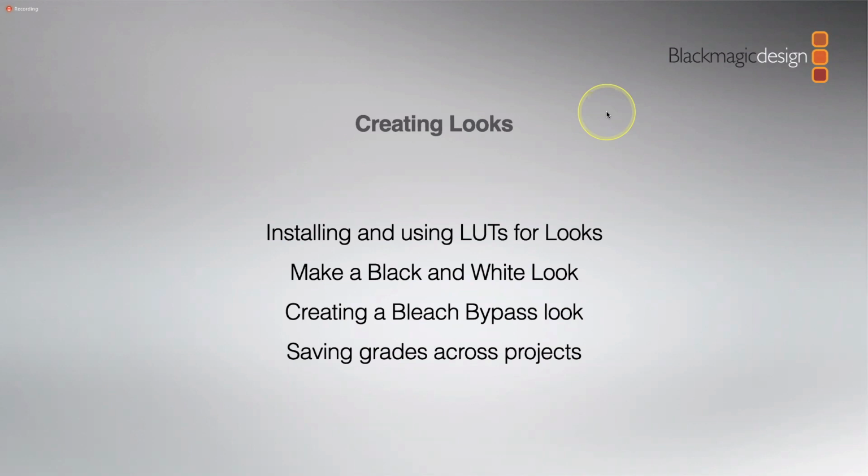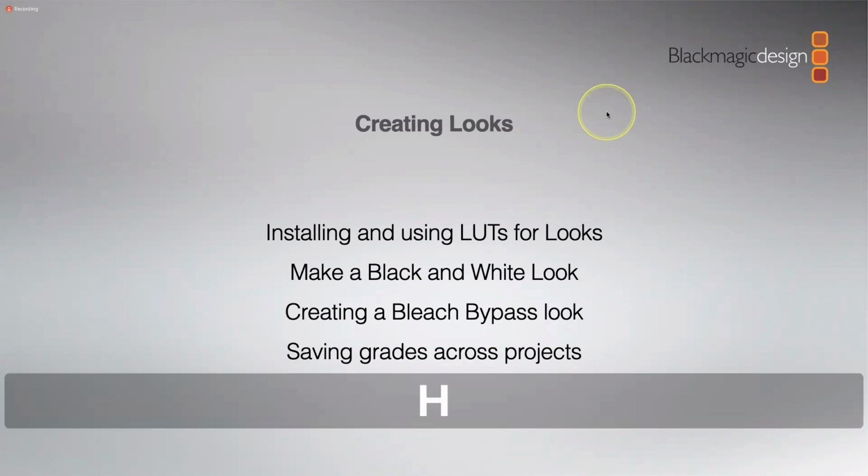They're there for a specific reason, so that's what we need to make sure of first of all. There's also a quick little exercise here in making a black and white look, as well as creating a bleach bypass look, and then being able to save grades and make them available across different projects. This is using something we refer to as power grades. So we shall take a look at this very, very quickly.